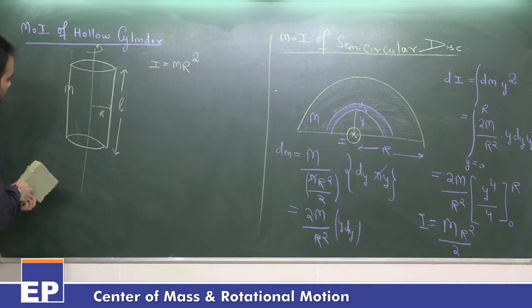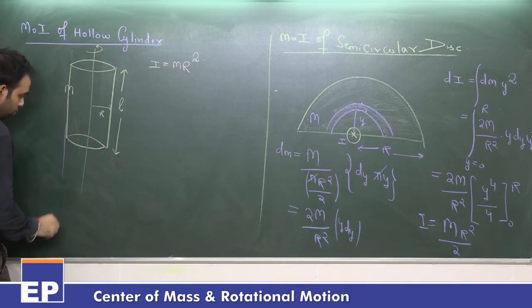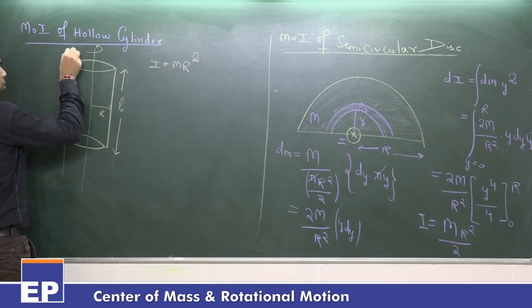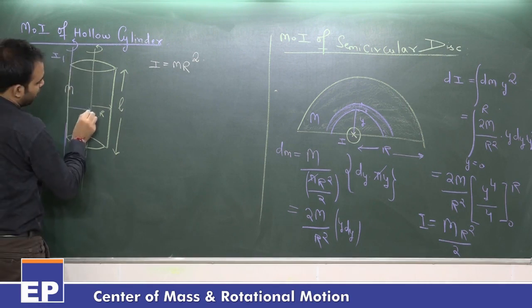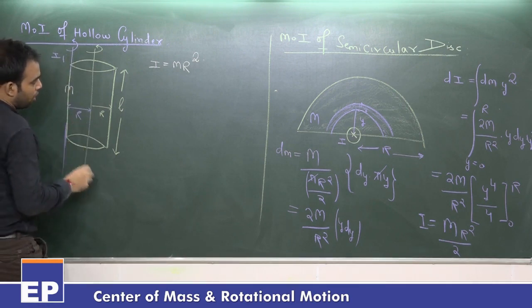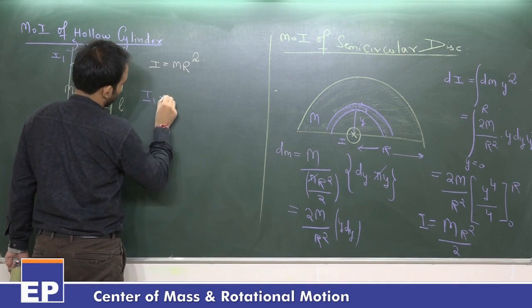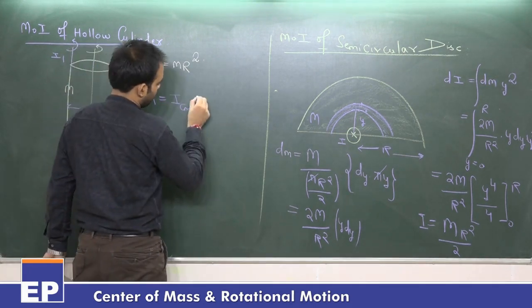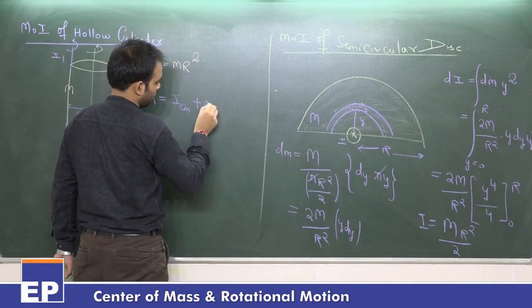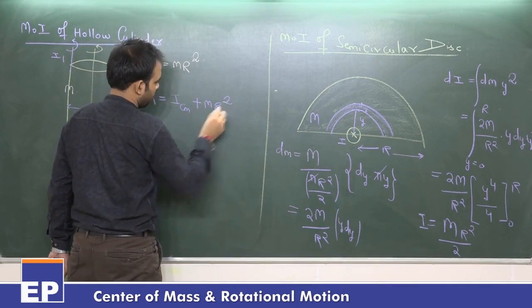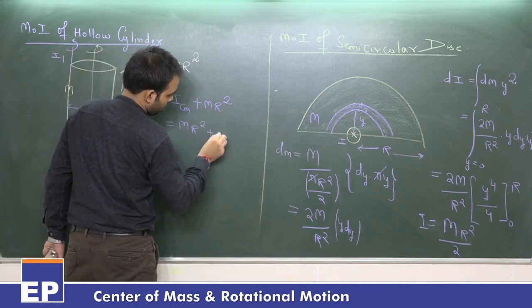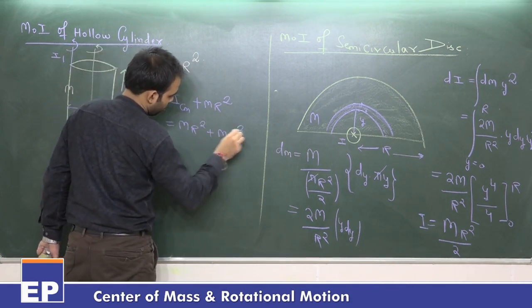If you want to calculate about that axis, I1, the distance between them is r. So I can use I1 is equal to ICM plus mr square. ICM is how much? mr square plus mr square. That is 2mr square.